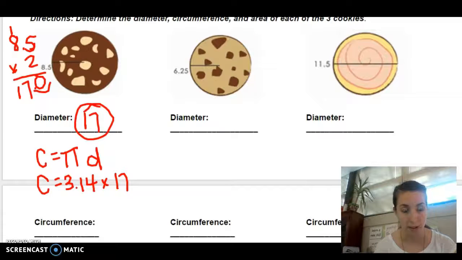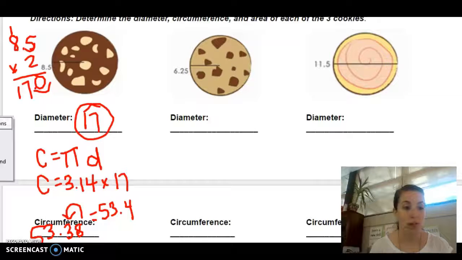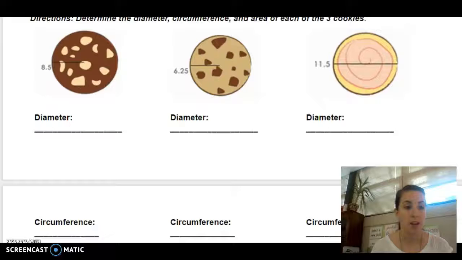So I'm going to go ahead and type it in. 3.14 times 17 gives me a circumference of 53.38. If we round it to the nearest tenths, the 3 is in my tenths place, so I would say my circumference is equal to 53.4.